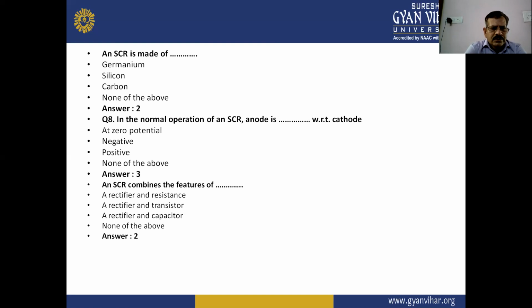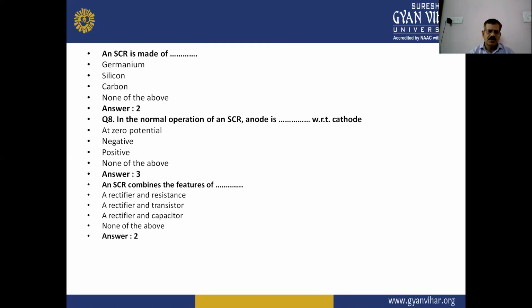In the next question, in the normal operation of an SCR, the anode is what with respect to the cathode? What is the potential of the anode with respect to the cathode in the normal operating condition of the silicon controlled rectifier or thyristor?